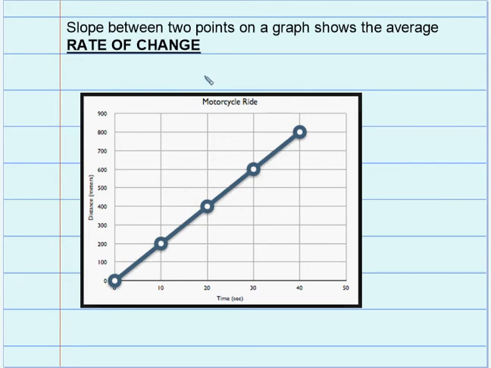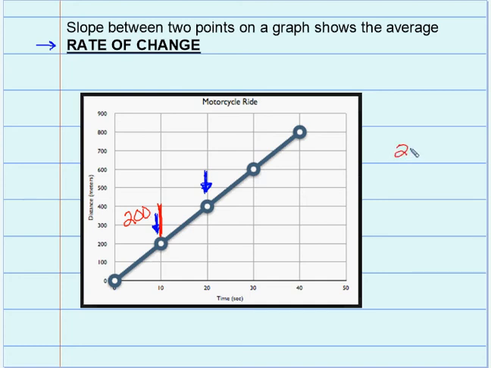Slope between 2 points on a graph shows the average rate of change. So if we were to calculate the rate of change between this point and this point, what is the rate of change between these 2 points? So how far up do we go? We need the rise first, so if we go up here, we would go up from 200 to 400, so this would be a distance of 200.